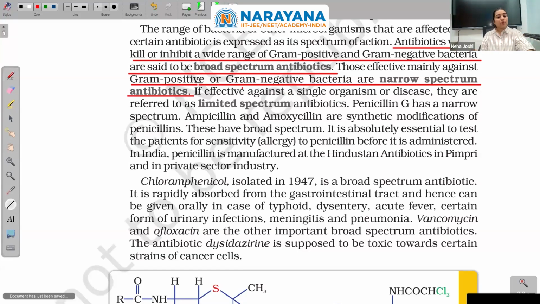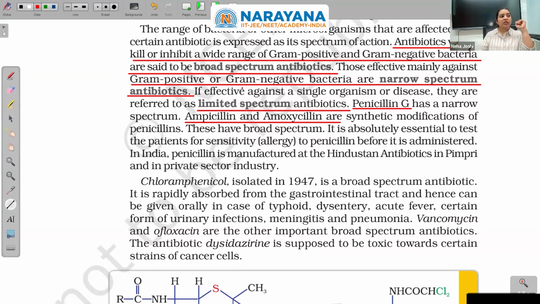Those which are specific, that affect only gram positive or only gram negative, are called narrow spectrum. If effective against a single organism or disease, they are called limited spectrum antibiotics, when only one particular bacteria is affected. Penicillin G has a narrow spectrum.